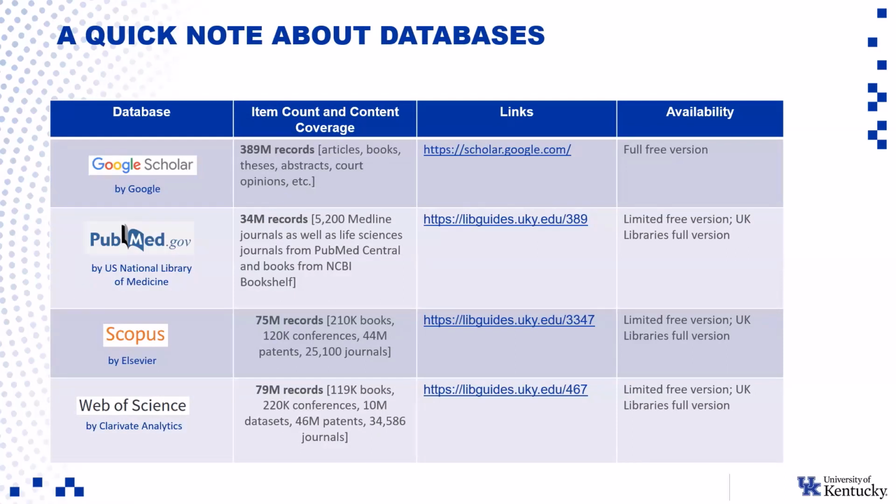So you can see on this slide here, I have a few well-known databases that you can use to create a list of journals. In the interest of time today, we're only going to go over one of these. But again, we have all of the steps in this slide deck, so you can refer back to it.